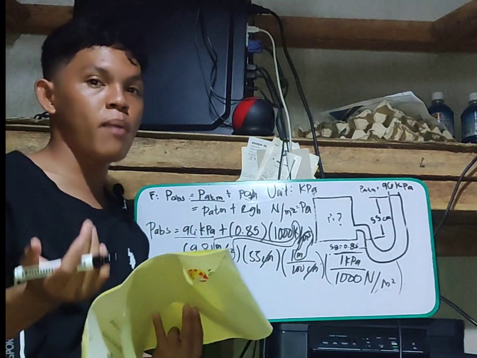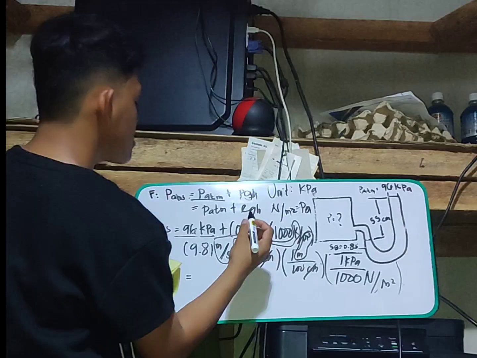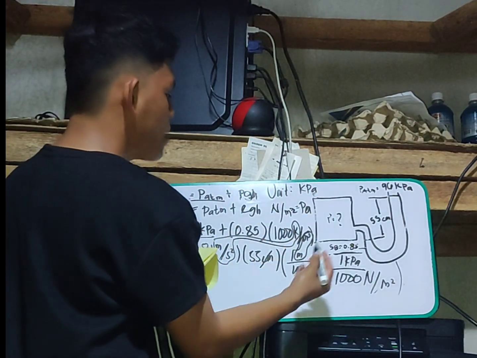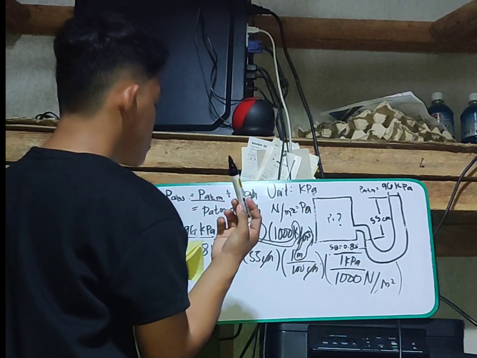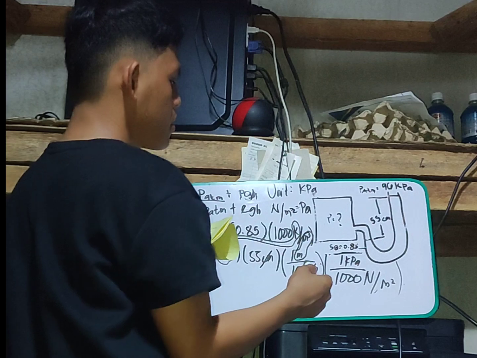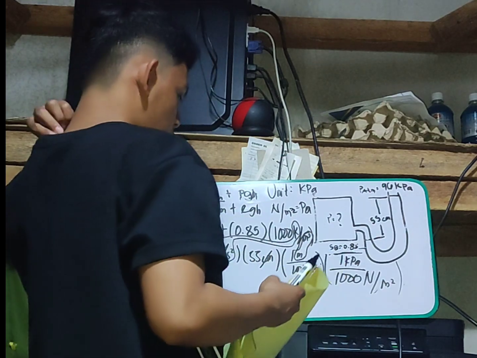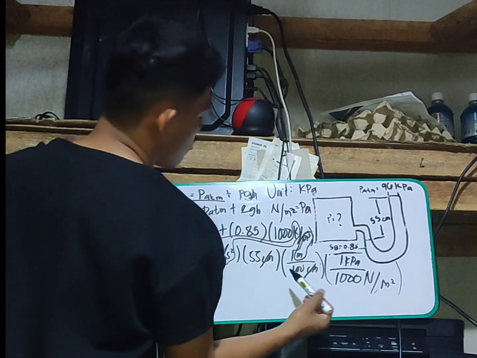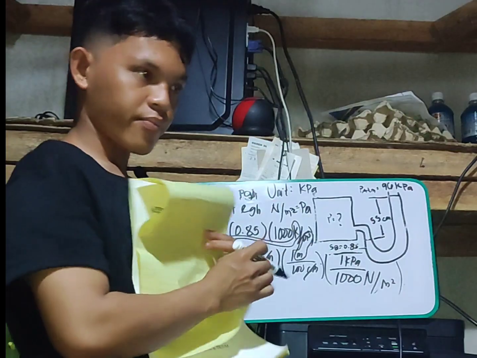Yan ito nga, pag-solve ha. 96 plus 0.85 times 1,000 times 9.81 times 55, divide 100, divide 1,000.